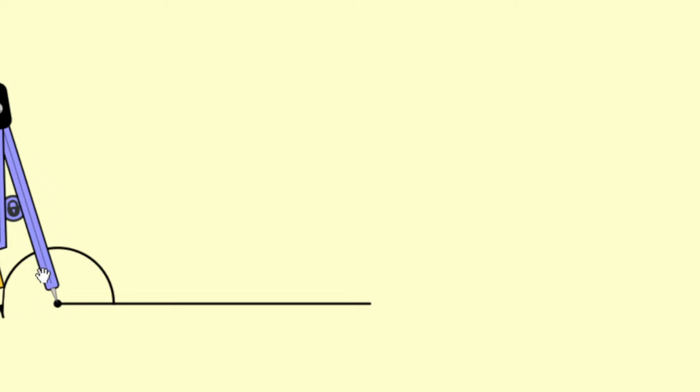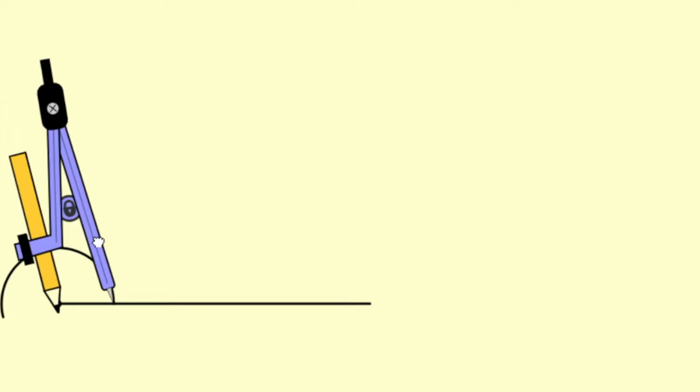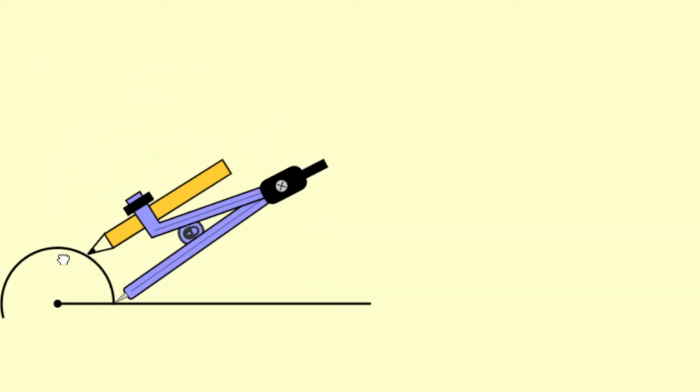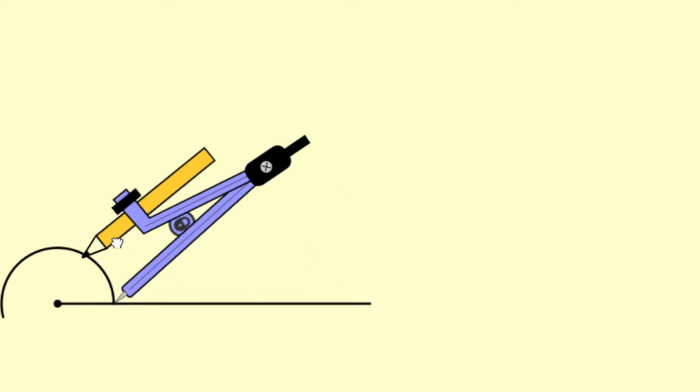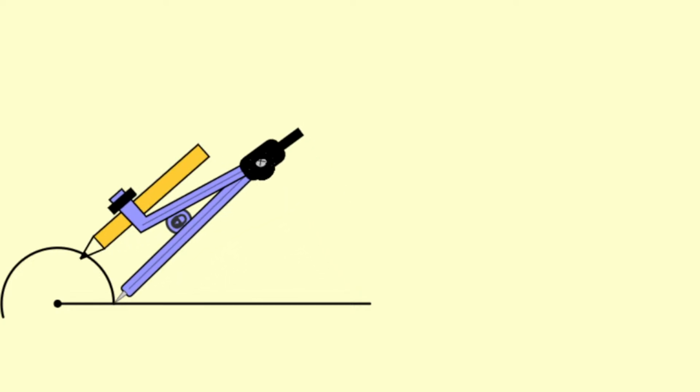Whatever is the radius of the compass, with the same compass radius, you have to just keep your compass at this point. You can see now at this point you have to keep the compass. The compass radius is the same as the radius with which we drew the first arc. Now you have to draw one arc at this point.